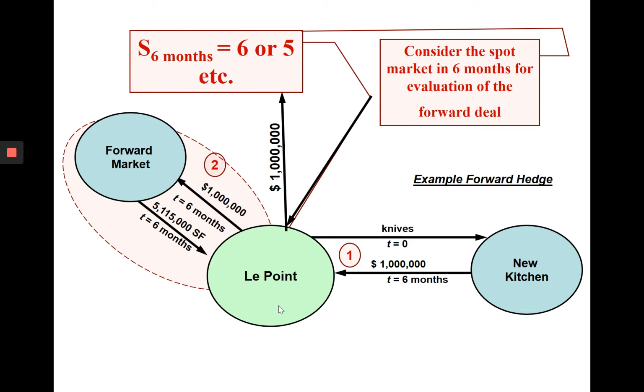One of the potential costs is that if the Swiss franc goes to 6, and the open market would have given us in the future 6 million Swiss francs, we can't take that. We have to take the 5,115,000. And the difference is 885,000. That's less money that we would make if we didn't have this hedge.